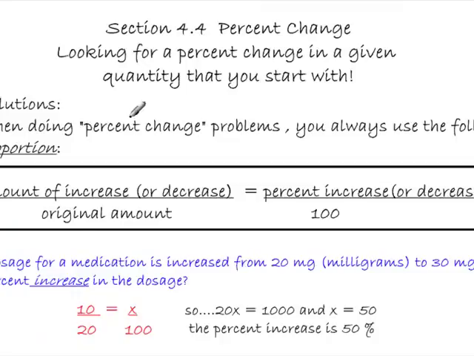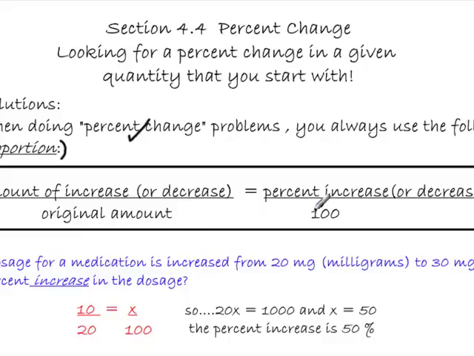Nice thing about it is that in all of these percent change problems, we're always going to be using this proportion. And the proportion is very straightforward. It's the amount of increase or decrease, that's a certain number or quantity, divided by the original amount, whatever we started with, and that should equal the percent increase or decrease divided by 100. 100%, of course, is everything, which is actually the original amount.